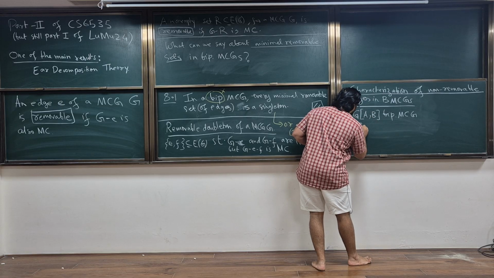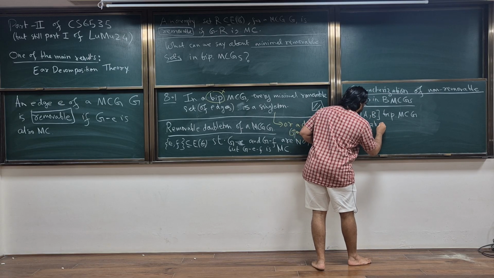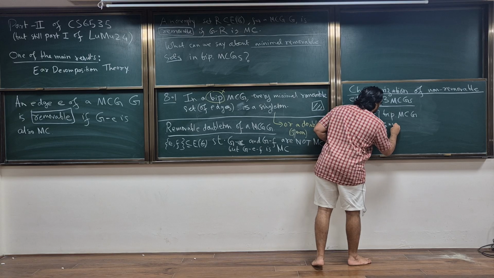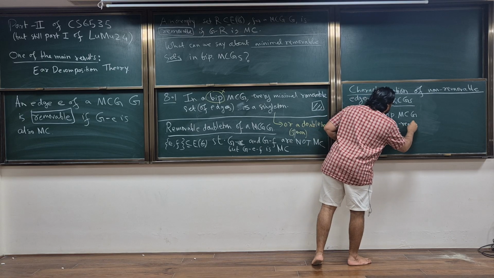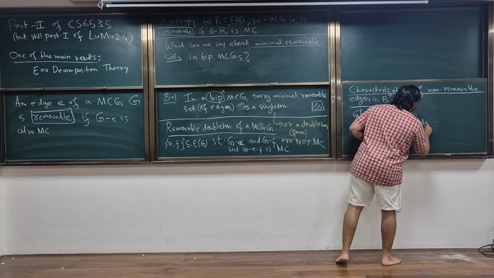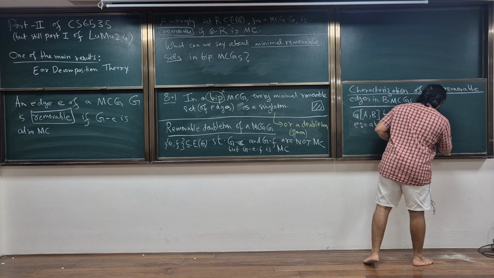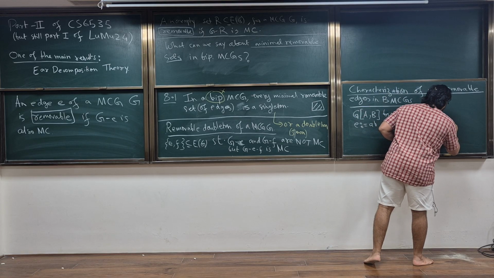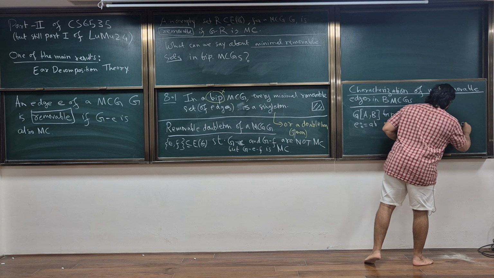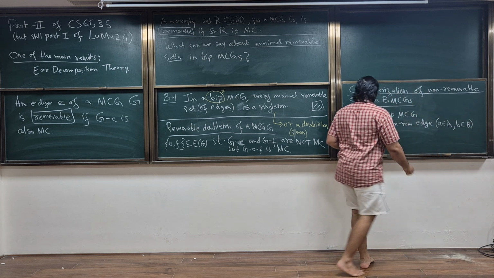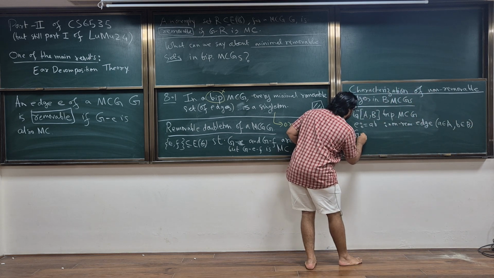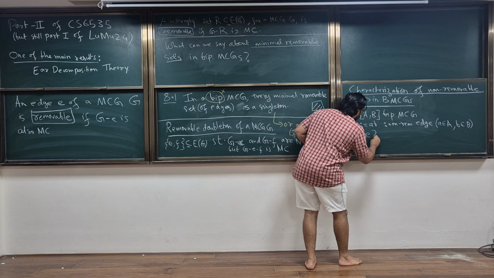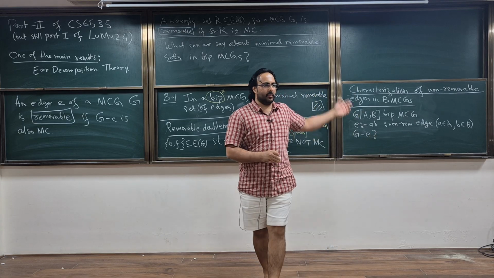Consider E equals little a, little b to be a non-removable edge. There, of course, little a belongs to A and little b belongs to B. Then what can you say about G minus E? What does it look like? And based on that, what can you say about G?